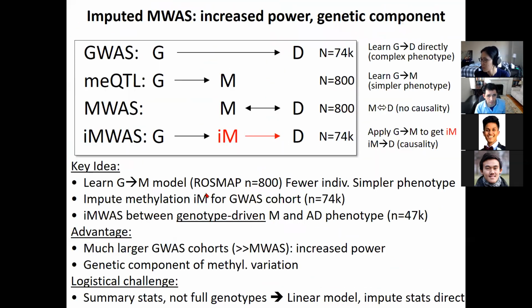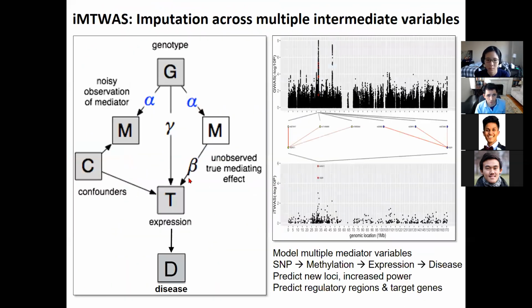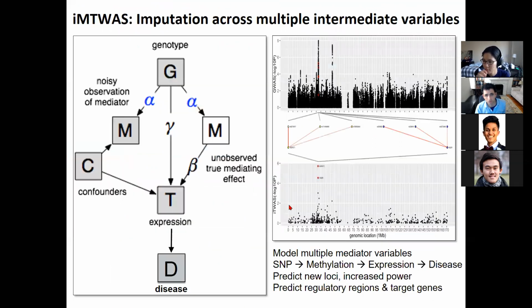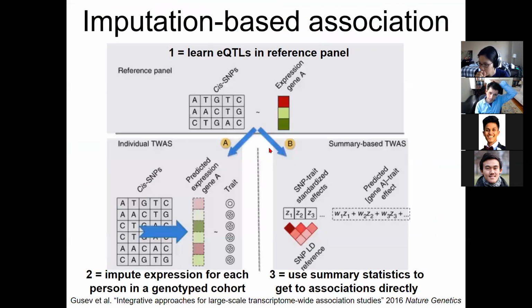And then lastly, in carrying out the mediation analysis that I mentioned earlier, you can start asking whether the specific SNP that you're observing is having an effect on expression.